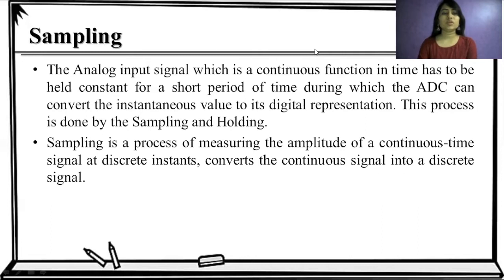Sampling is a process of measuring the amplitude of a continuous time signal at a discrete instant, converting the continuous signal into a discrete signal.